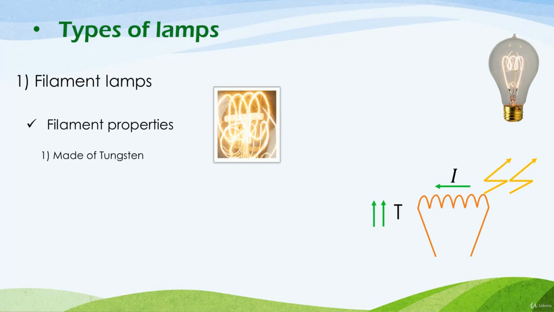And the second property of the filament material depends on the first one. As we said, its temperature increases highly, so it must be made of a material that is able to withstand the larger amount of temperature that is produced from it. Some other metals melt when their temperature increases highly, so a filament made of tungsten can withstand a larger amount of heat without melting. And the third property of the filament material is that it has a higher value of resistance.